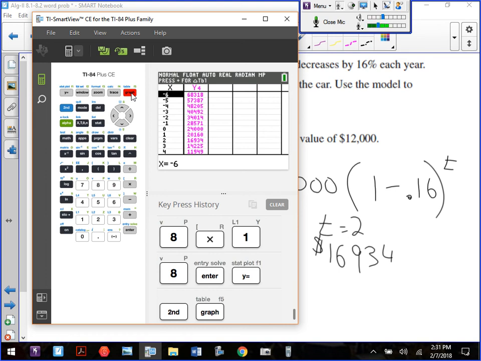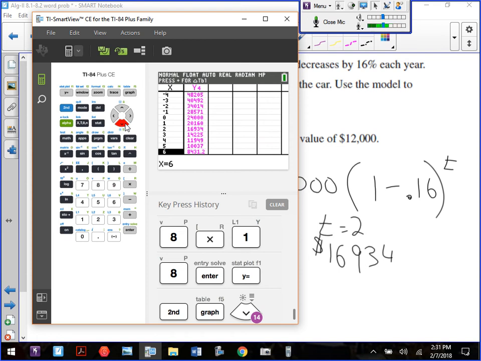And then I think the next part was approximately after how many years was it worth 12 grand? Well, careful. See how as you scroll down, look in the Y column where it crosses over to 12,000. Between 3 and 4 years. So after 4 years, it was worth about 12 grand.